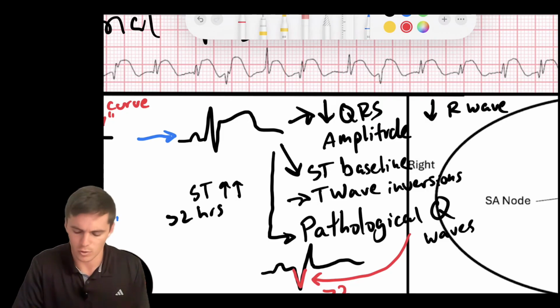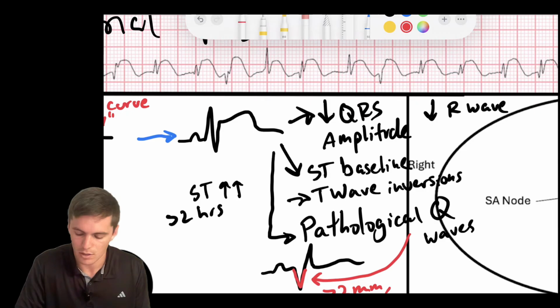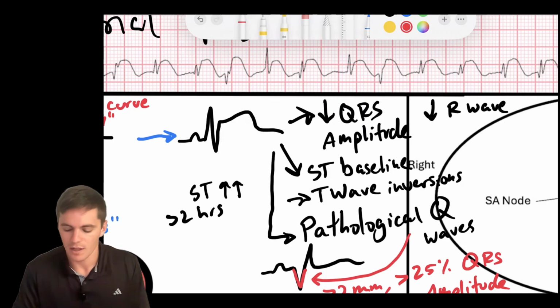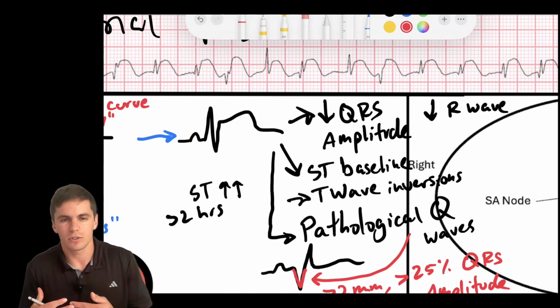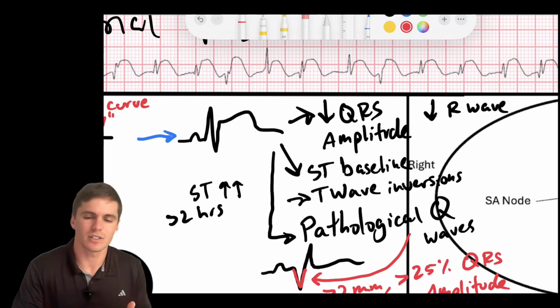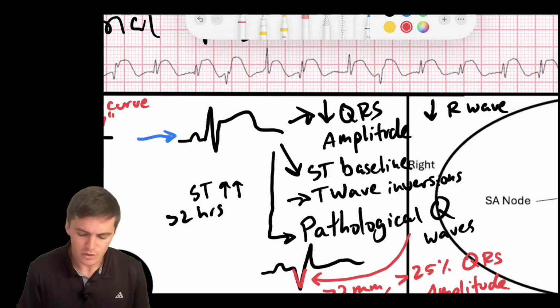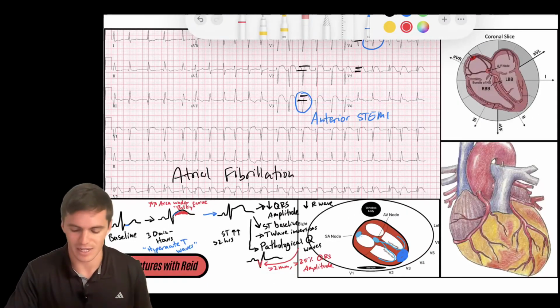Usually pathological Q waves are maybe greater than 2 millimeters or greater than 25% of the QRS amplitude, right? That initial negative pathological Q wave deflection is essentially telling me that we're unable to conduct signal in that direction. It's going to initially deflect away from it because it's scarred, right?